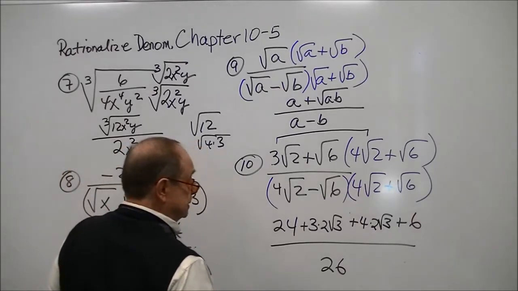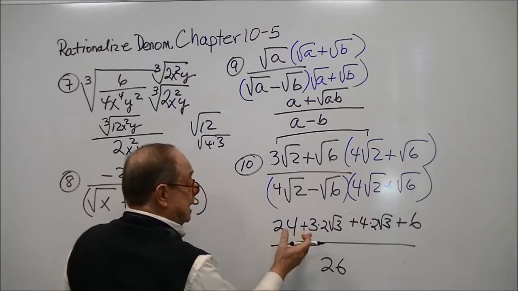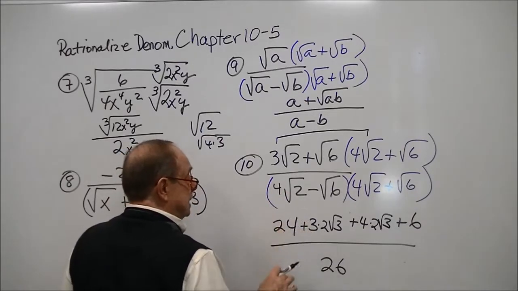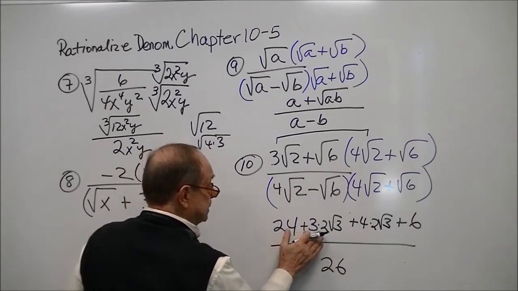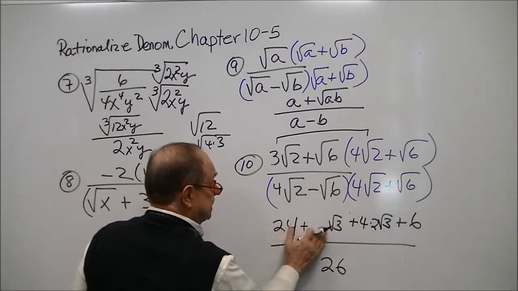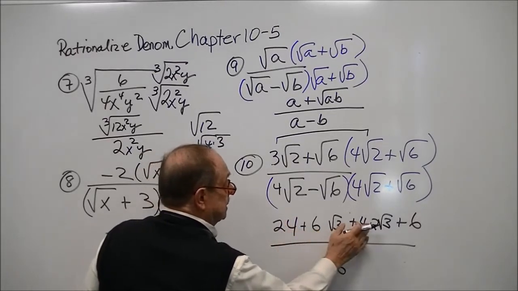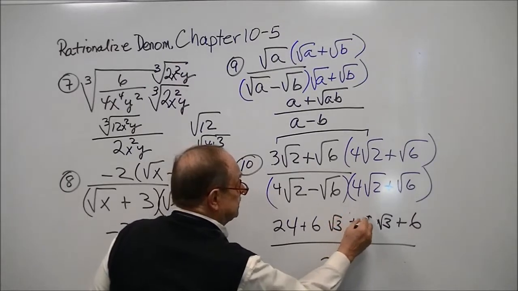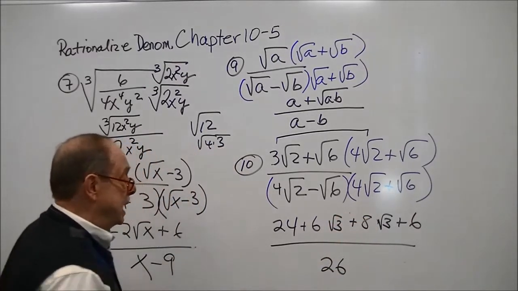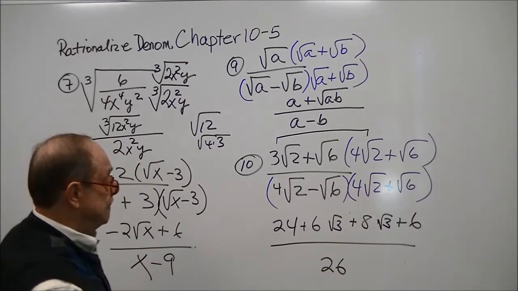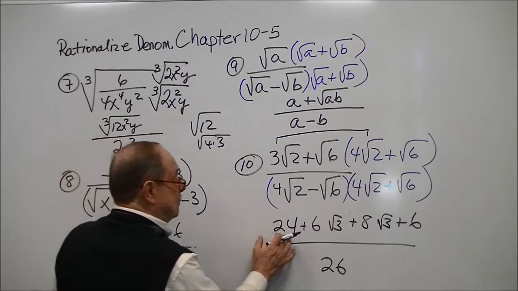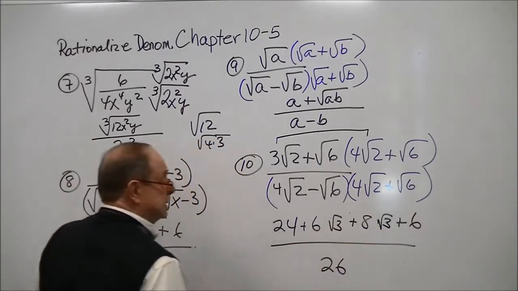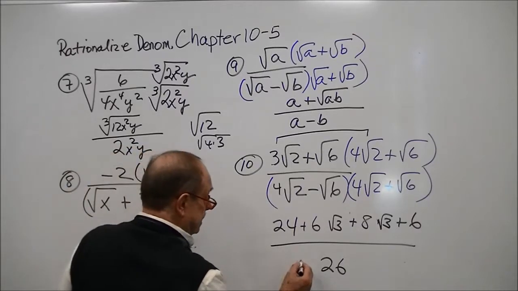And then now we can combine things with the magic of marker pen. This is going to become a 6. This is going to become an 8. And now we have sort of like terms. So 24 and 6 is 30.